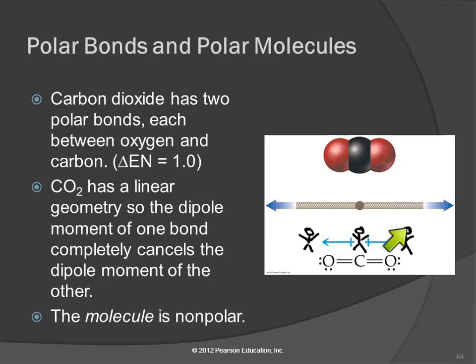If this one was stronger than this guy, then the whole thing might move in this direction. But this guy's being pulled in opposite directions. These vectors cancel each other out. Let's think of a number line.